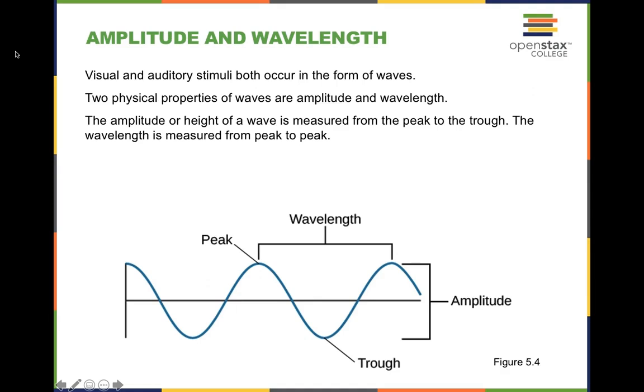They're different waves, but we still experience them in the form of waves. To measure these waves, we measure them in wavelengths as well as amplitude. So your wavelengths are measured from peak to peak of that wave. And then the amplitude is measured from the peak to the trough. So from the very top to the very bottom. Amplitude, top to bottom, wavelength from peak to peak.